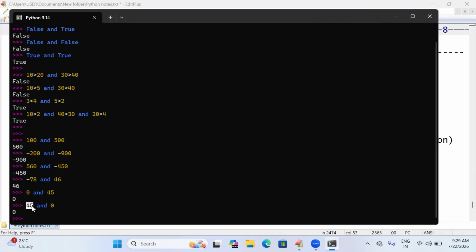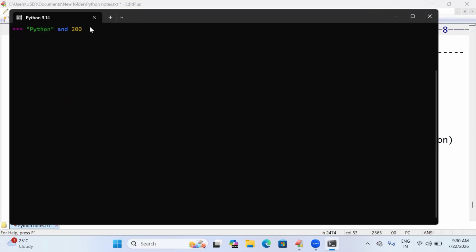So if you consider 45 and 0, then the output is 0. When the first value is true, it is going to evaluate the next value. The next value is false, so the result is 0. Python and 200, the answer is going to be 200. Why? This Python is a string, right? In the bool data type, I have said that whenever a string is there, it considers the length of the string.